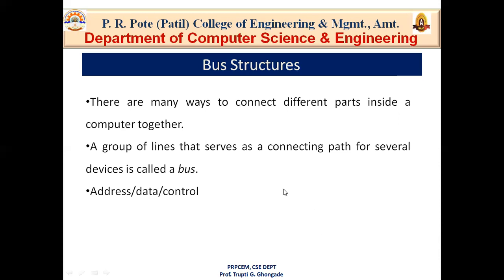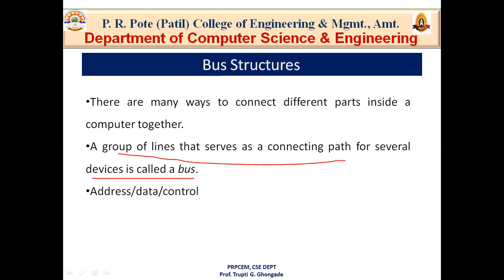As you can see here, a group of lines that serve as a connecting path for several devices is called a bus. Now, what is meant by this group of lines or group of wires? It means that your data bus can be 8-bit, 16-bit and 32-bit or more.